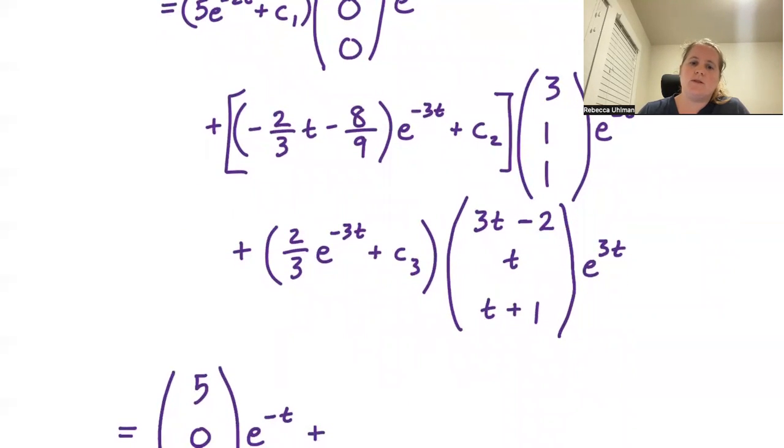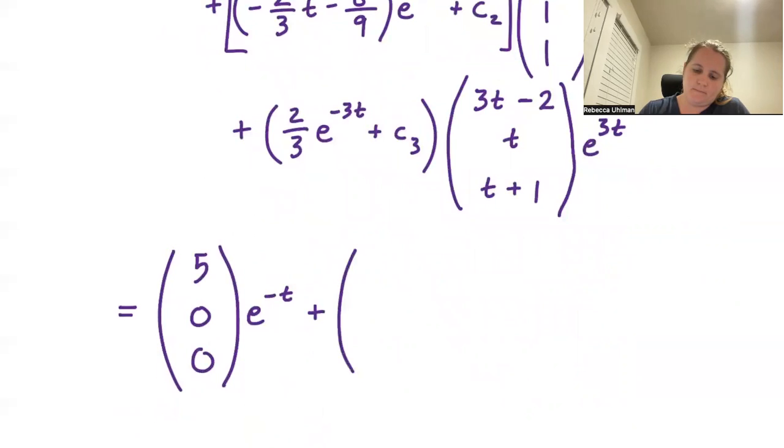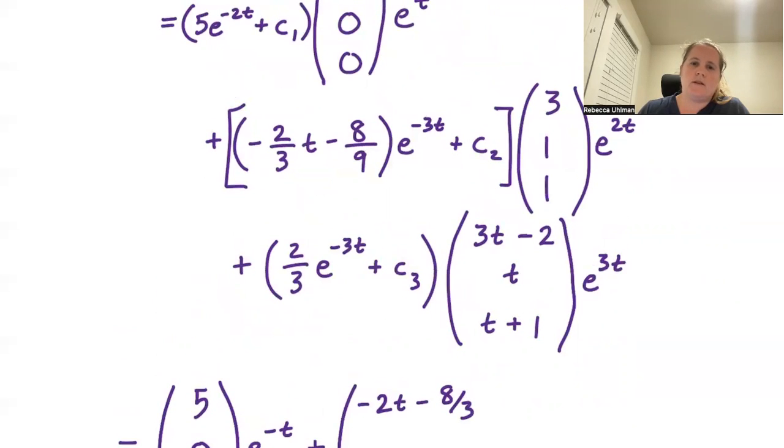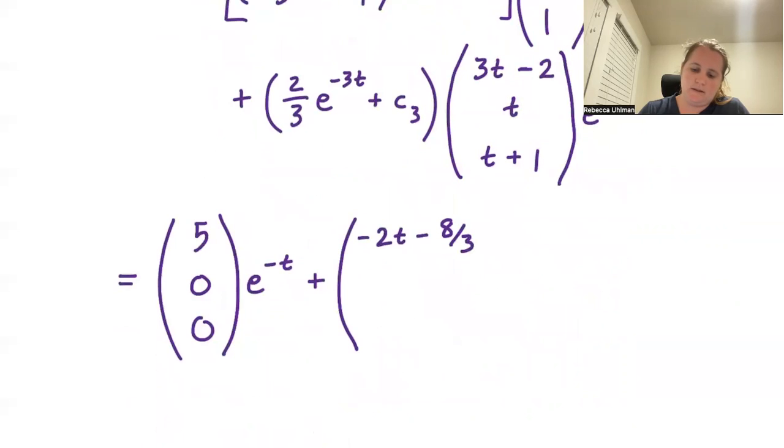So that first position would be negative 2t minus 8/3. Our second position would be negative 2/3 t minus 8/9. And our last position again would be negative 2/3 t minus 8/9.